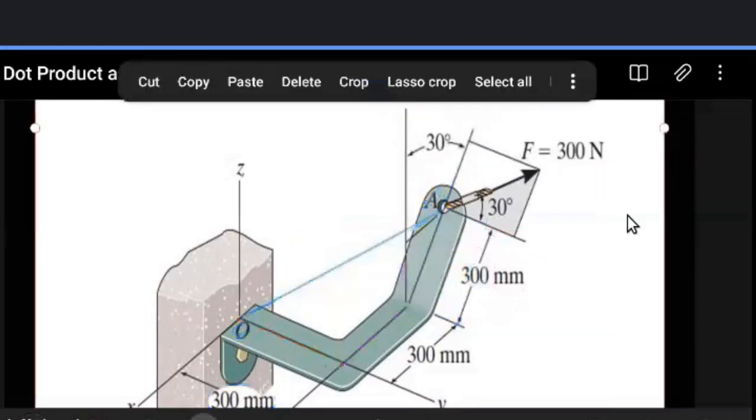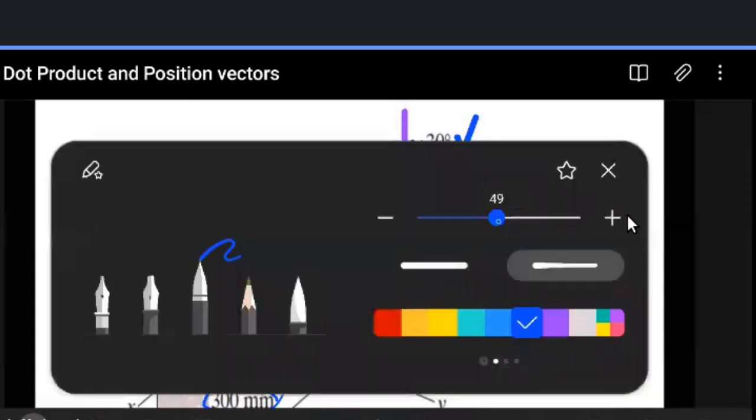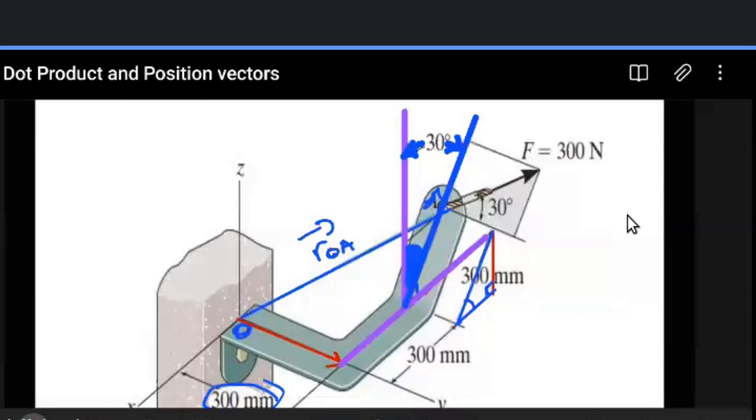So in other words, by knowing that the upper angle is given as 30 degrees, we can easily say this is forming a right angle. So if that is 30, then the one below has to be what? 60. This is 60. If this is 60, then this one here also has to be 60. We get that, right?